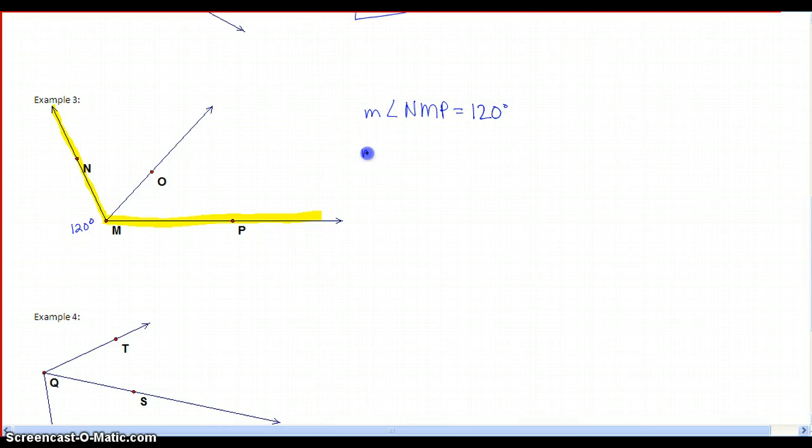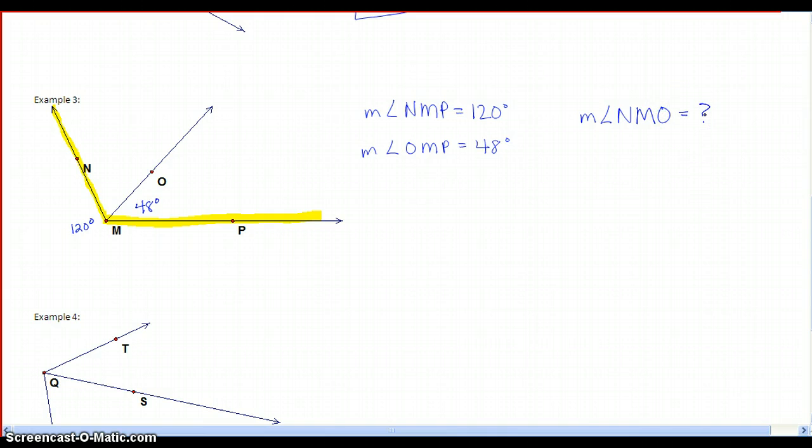And then I'm going to tell you the measure of angle OMP is 48 degrees. So OMP, this angle is 48 degrees. And what I would like to know is what's the measure of angle NMO. Again, put that vertex in the middle, NMO. What is the measure of that angle?